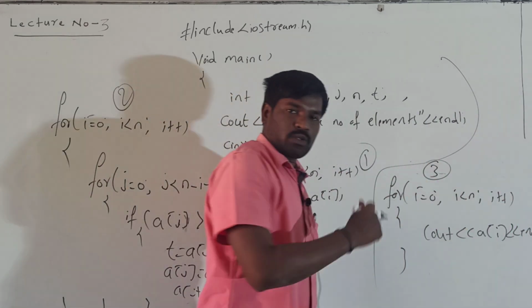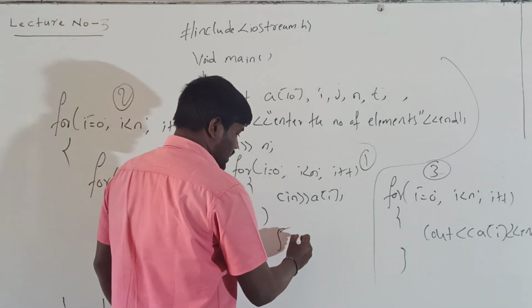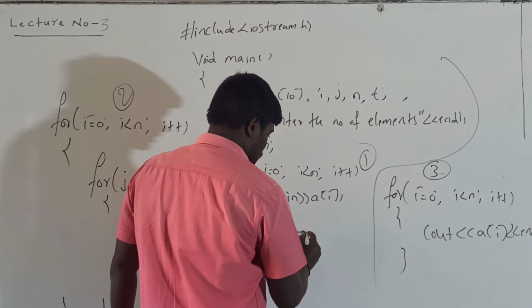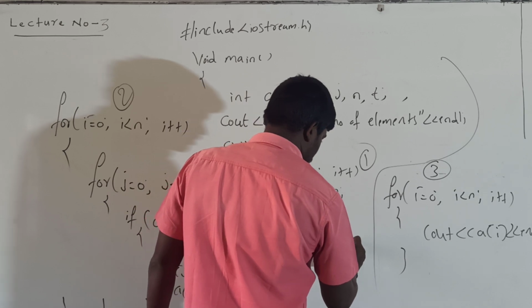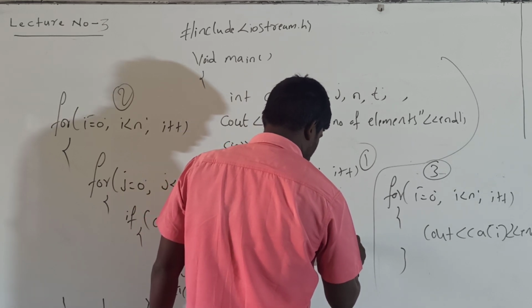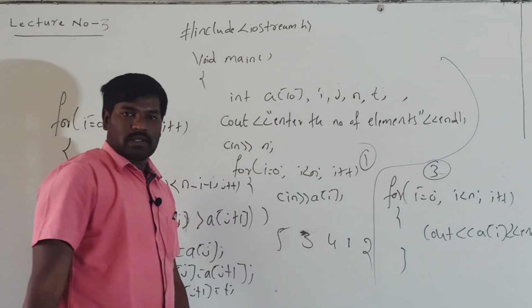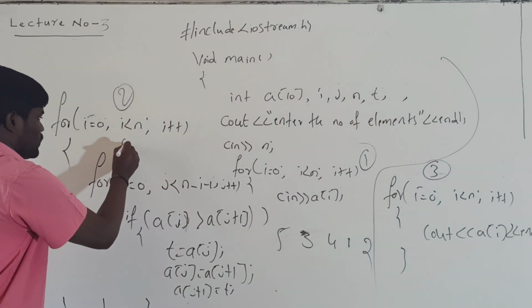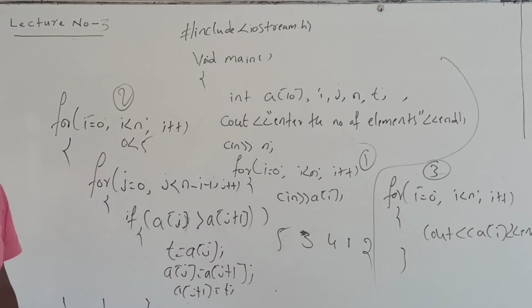Okay. So now I have to trace. The elements are 5, 3, 4, 1, 2. See here. I is equal to 0, 0 is less than 5, condition is true.